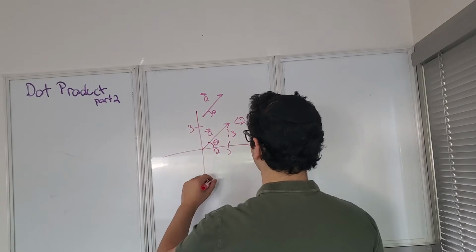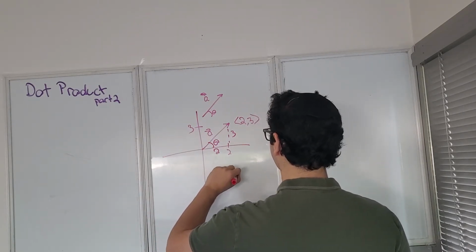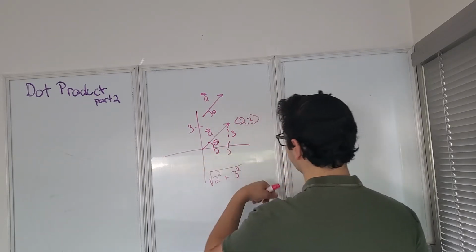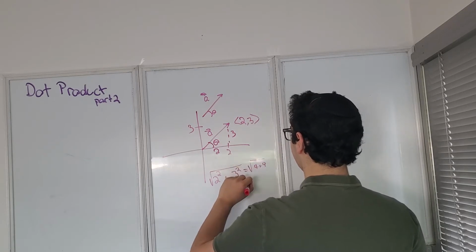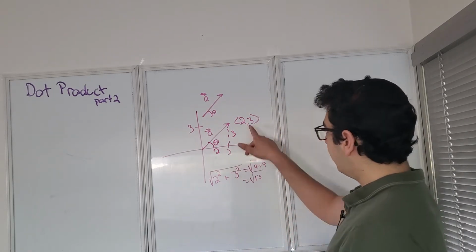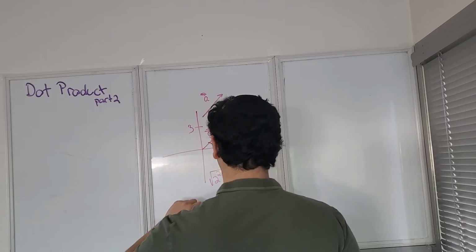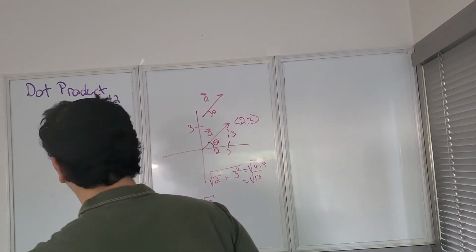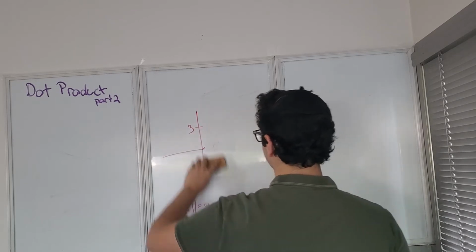So this magnitude, this length or this force, would be the root of the sum of the squares of the two lengths, which equals root 4 plus 9, which is root 13. So its magnitude is equal to root 13.